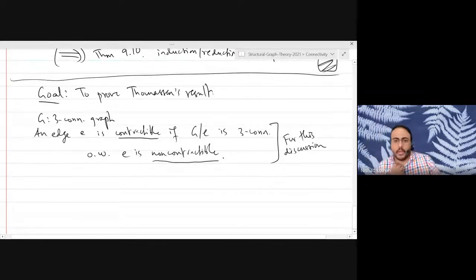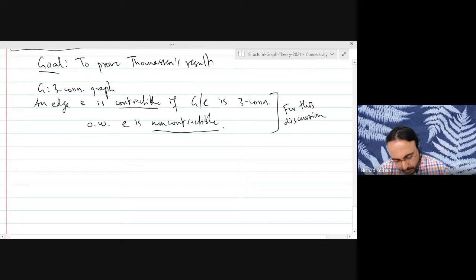Right? So what is Thomassen's theorem saying? It is saying that any 3 connected graph, so long as it has at least 5 vertices, has a contractible edge. Okay? In order to prove the existence of a contractible edge, it will help us to understand the structure of a non-contractible edge. Okay?